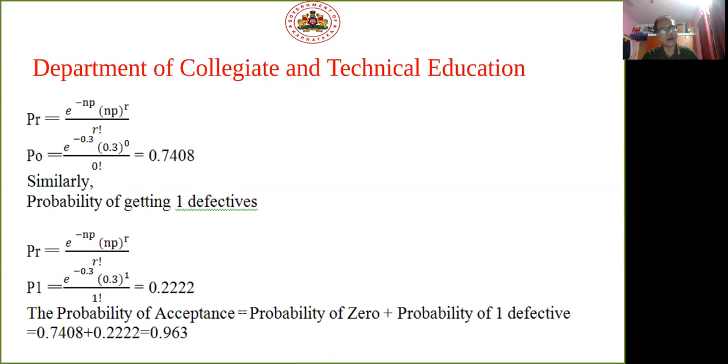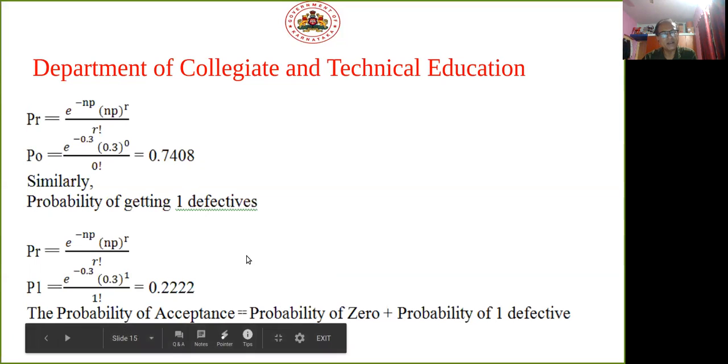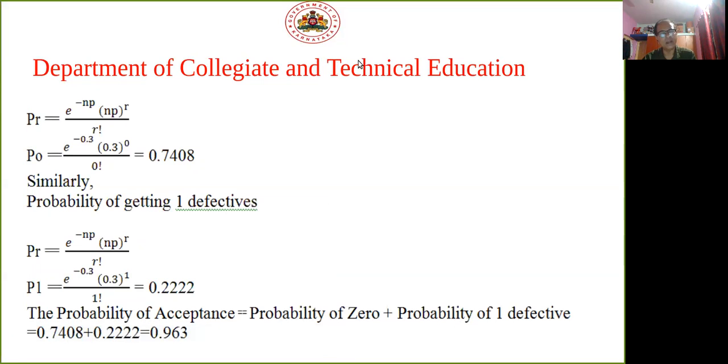Similarly, we can find the probability of getting 1 defective. So P of R, R equal to 1. When you substitute R equal to 1 and NP equal to 0.3 in this formula, the probability of getting 1 defective is 0.2222. Then the overall probability of acceptance is equal to the probability of getting 0 defectives plus the probability of getting 1 defective.